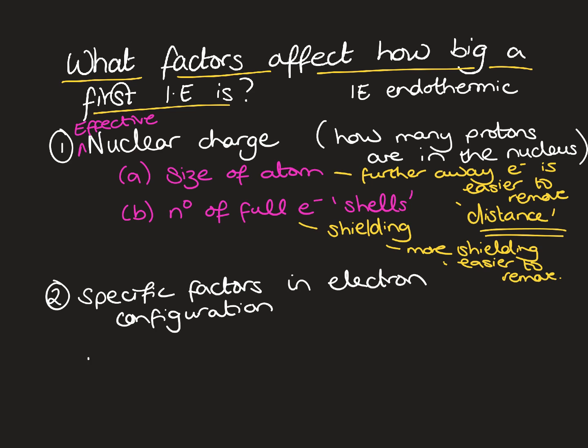You should by now know that these are orbitals, and if we have an s orbital and then 3 p orbitals, each of these can have 2 electrons in them.